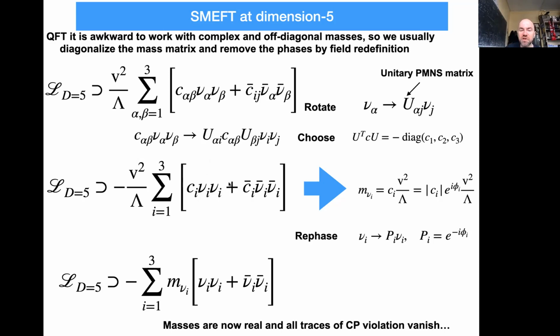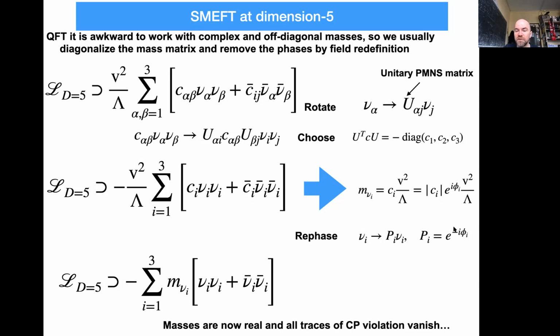But they can still actually be complex. This transformation by a PMNS matrix doesn't remove the phases from the eigenvalues. It still allows you to have the phases. So you have to do another transformation, which is just a phase redefinition of the neutrino fields.